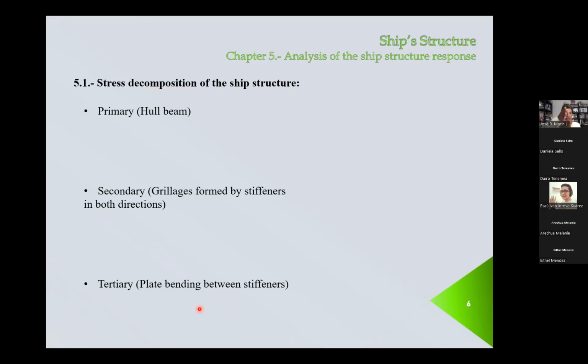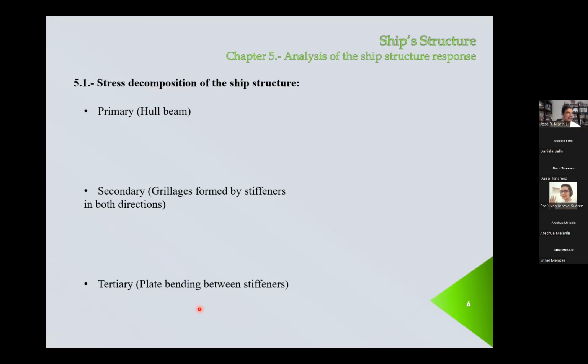So the stresses usually at the flange are larger. If these stresses come in the longitudinal direction, that means that the primary and secondary stresses will be combined. So that's why we need to have a clear idea how the structure is being supported. That's why we need to have a clear idea what elements are in the longitudinal and in the transverse directions.